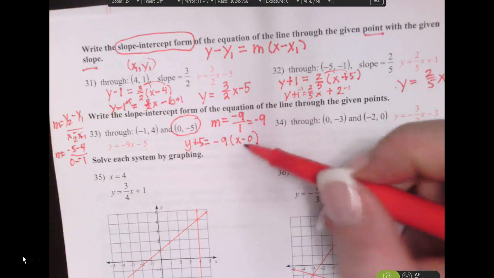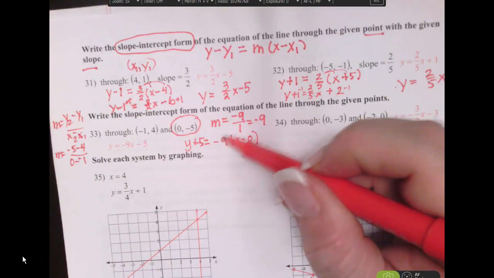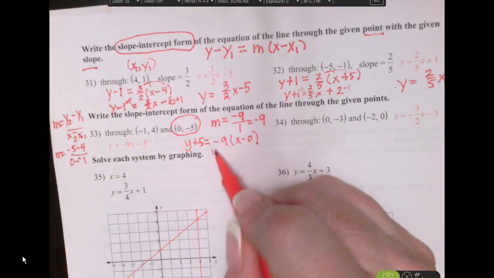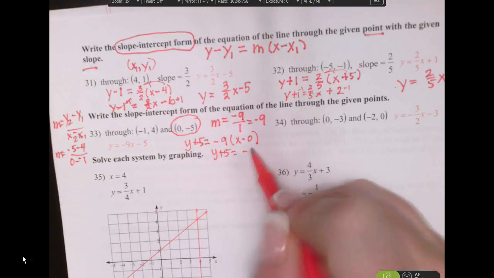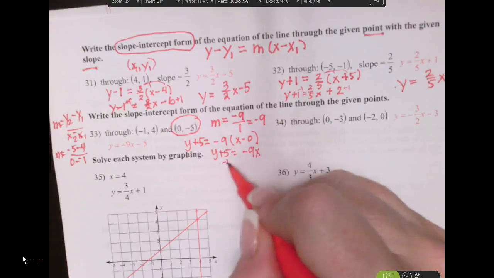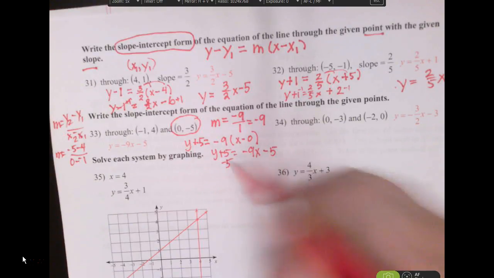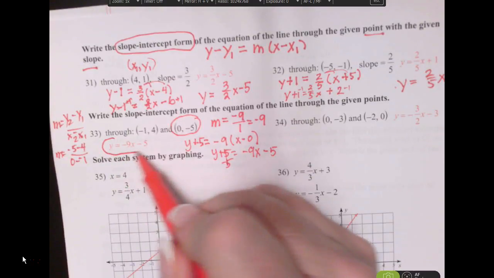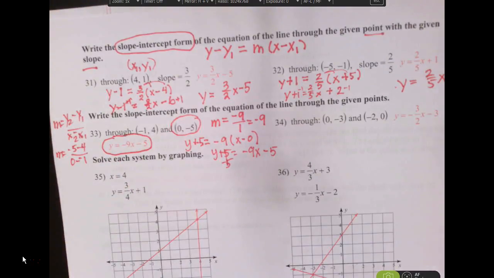So I picked that one because when I distribute this, negative 9 times 0 is just 0. So y plus 5 equals negative 9x plus 0, which is just negative 9x. So now I can subtract 5 from both sides, and I get y equals negative 9x minus 5.